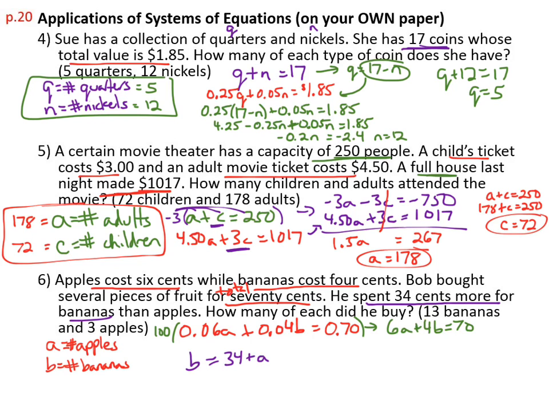So if bananas were 4 cents and apples were 6 cents, then we can say 6A plus 34 is equal to 4B.